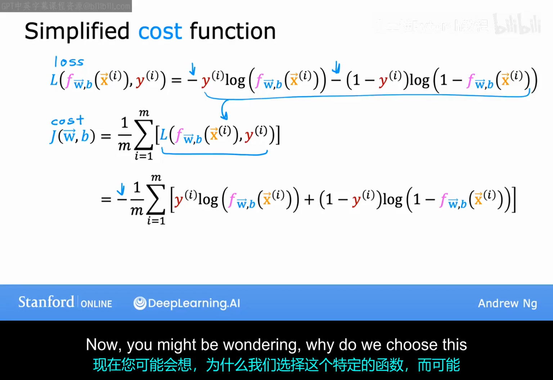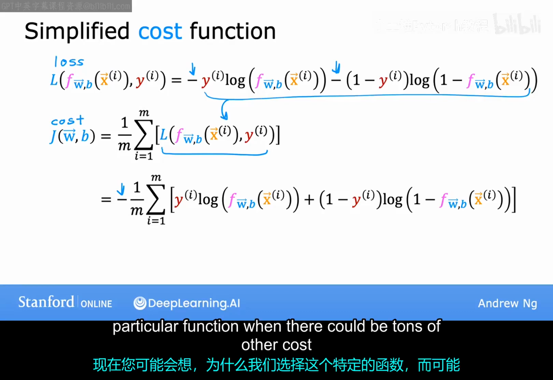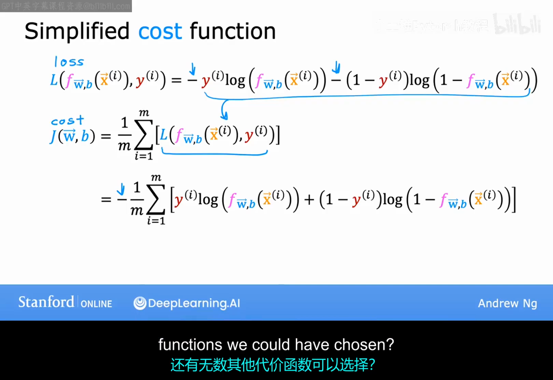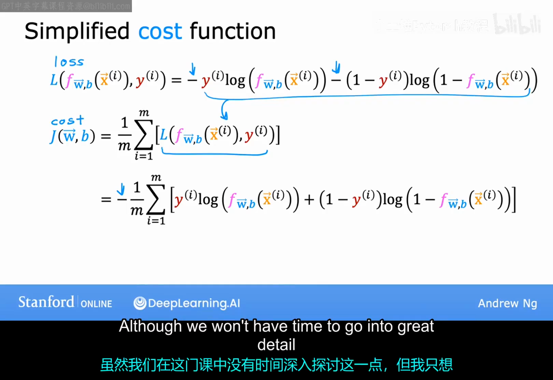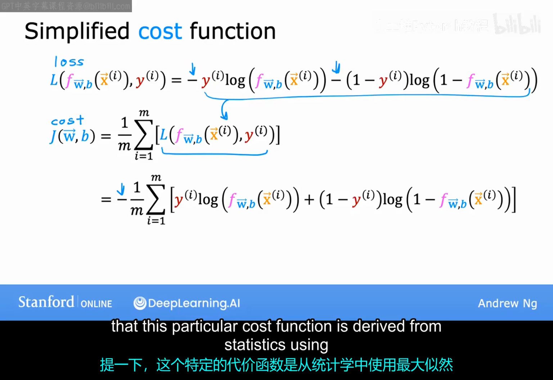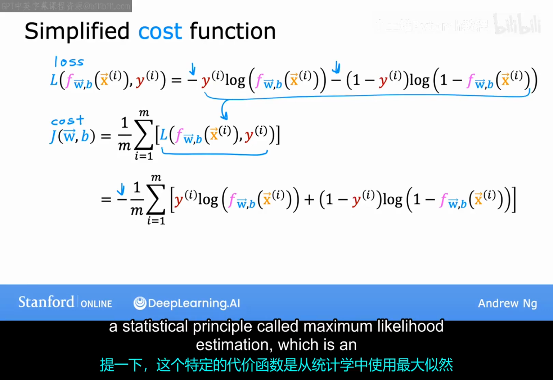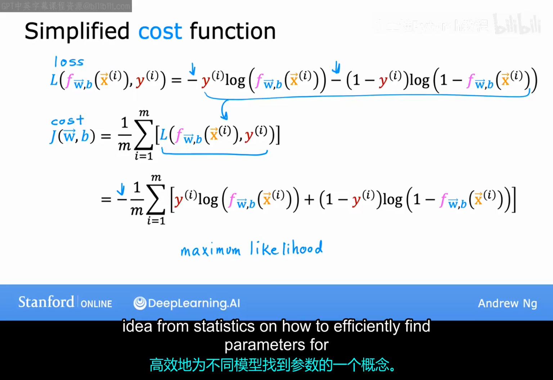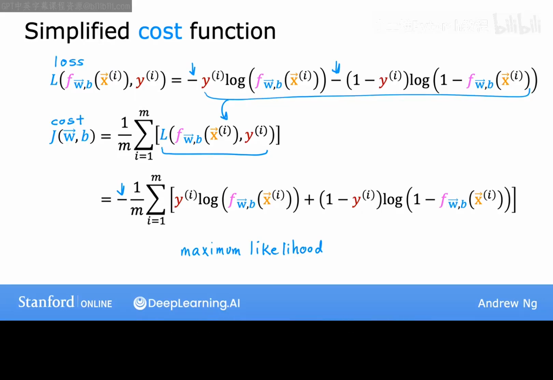Now, you might be wondering, why did we choose this particular function when there could be tons of other cost functions we could have chosen? Although we won't have time to go into great detail on this in this class, I'd just like to mention that this particular cost function is derived from statistics using a statistical principle called maximum likelihood estimation, which is an idea from statistics on how to efficiently find parameters for different models.